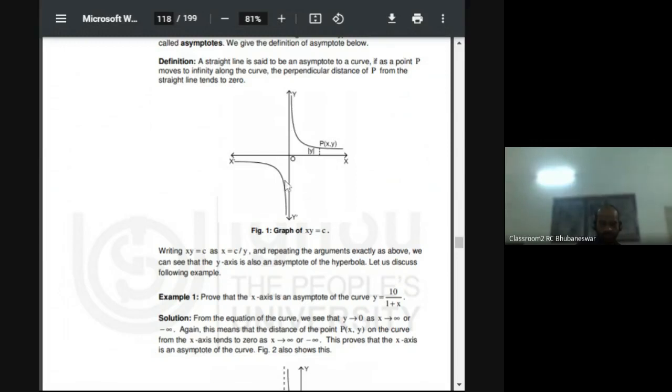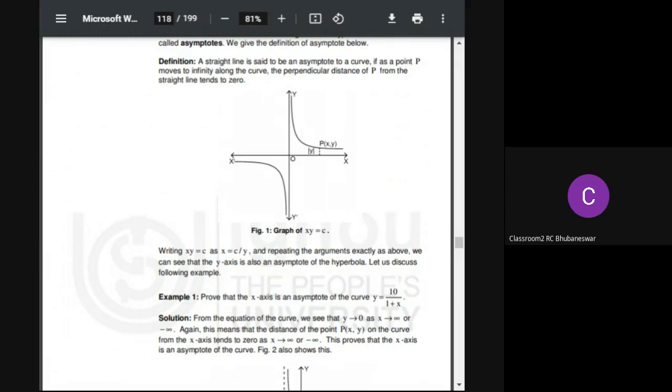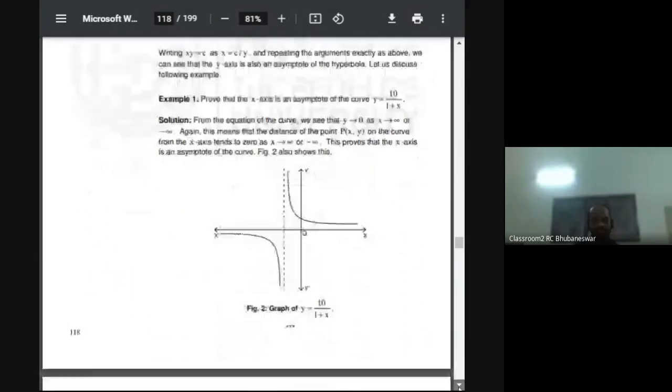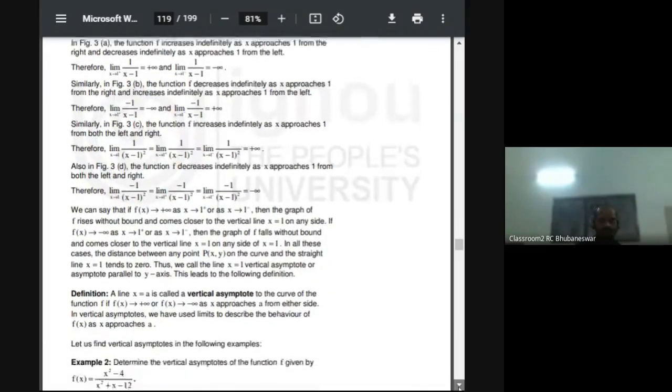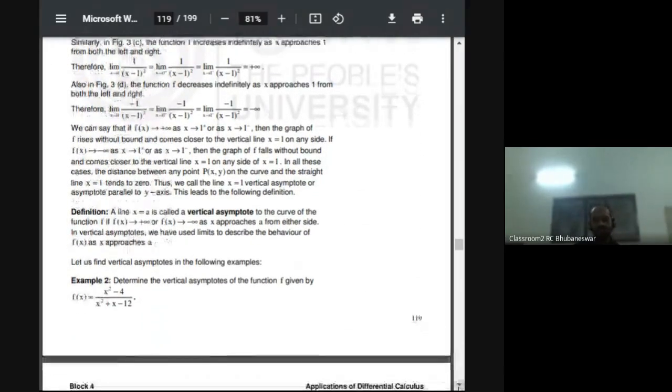In the same way, the axis touches the curve at positive infinity, and similarly the negative curve at negative infinity. So here both the axes, the x-axis and the y-axis, are asymptotes to the curve in figure number 1.